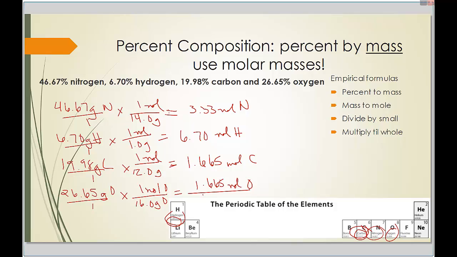So we're going to go ahead and divide everything by 1.665. Obviously the carbon and the oxygens are 1. 3.33 divided by 1.665 is equal to 2. And 6.70 divided by 1.665 is equal to 4. So that's N2H4C1O1.